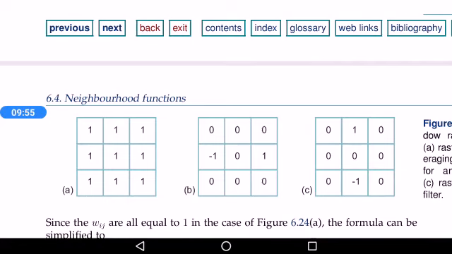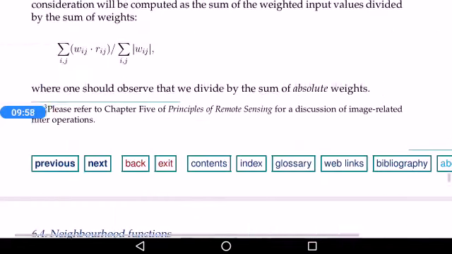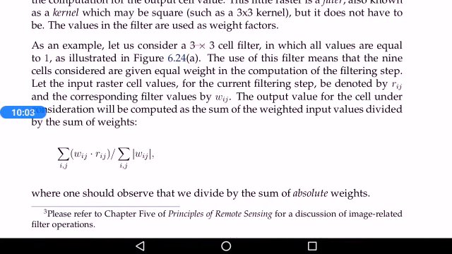Now let us assume that the input raster is denoted by Rij. So input raster cell values are Rij. I stands for the row and J stands for the column, and the corresponding filter values are given by Wij.